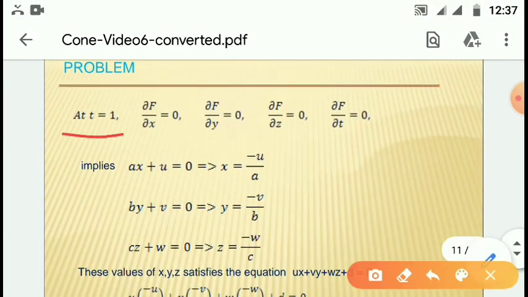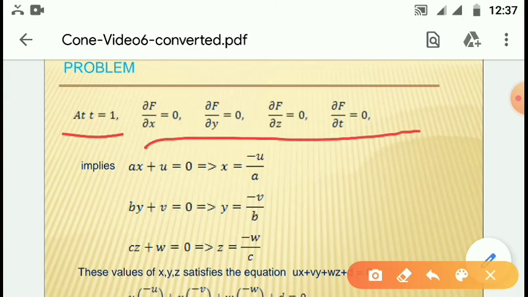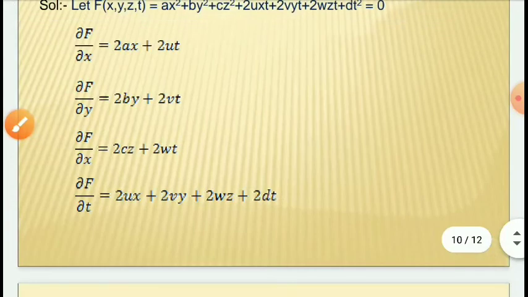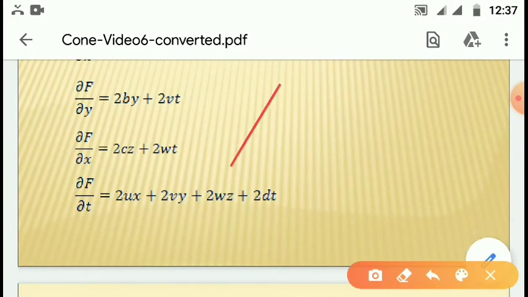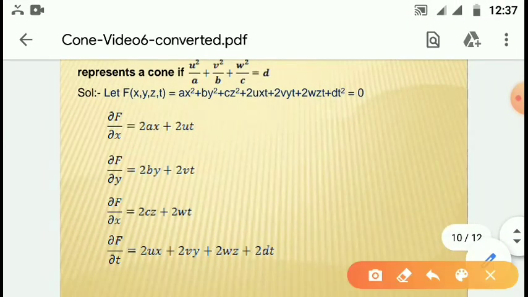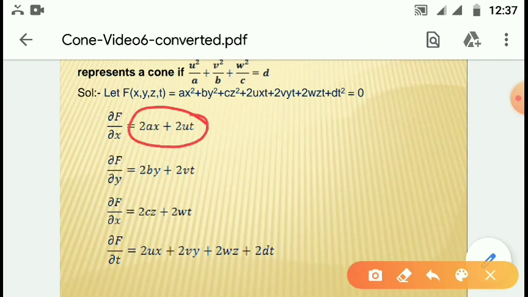At t equal to 1, equating all these partial derivatives to 0, from the first equation what do we get? From this equation, by taking t equal to 1 and equating to 0, we have 2ax plus 2u is equal to 0.